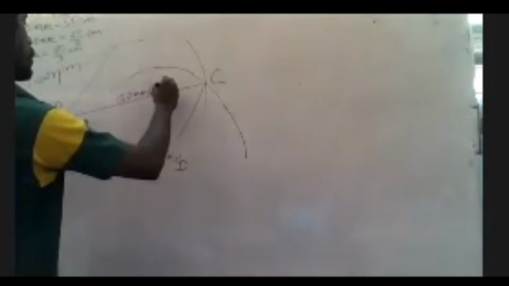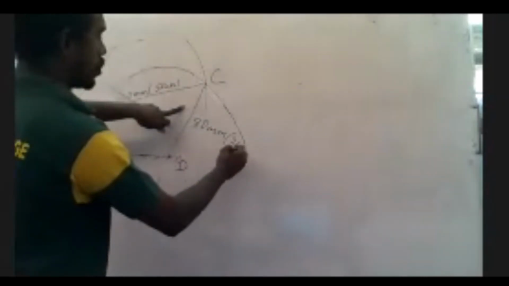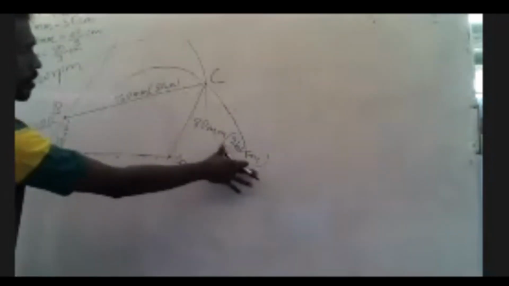So BC according to data is 150 millimeter, that is according to my scale 50 centimeter. And this CD according to data is 80 millimeter, according to my scale that is 26.6 centimeter. This scale factor you don't need to write everywhere, simply mention it here.